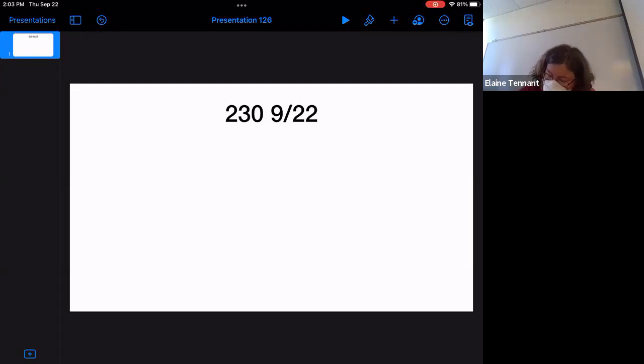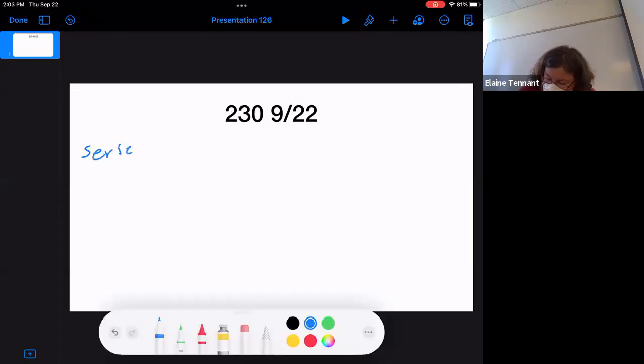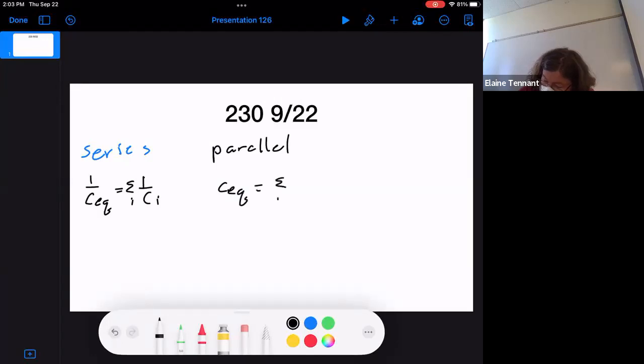Let me write down some equations first. So in series, the equation we had is 1 over C equivalent equals the sum of 1 over Ci. In parallel, we had C equivalent equals the sum of Ci.